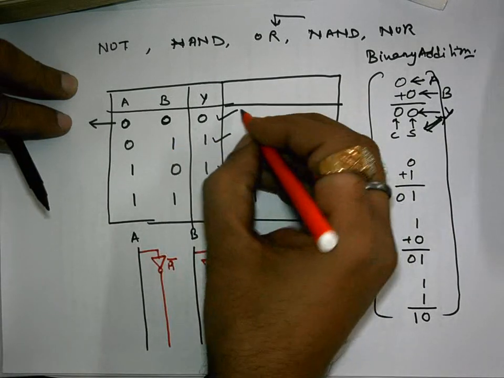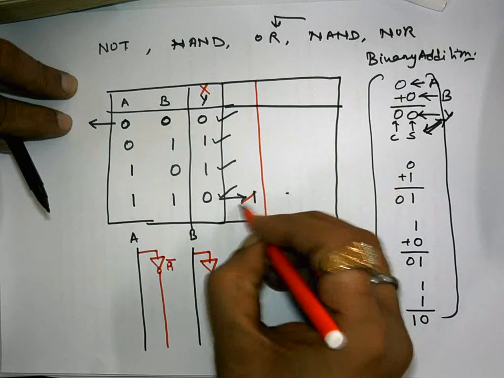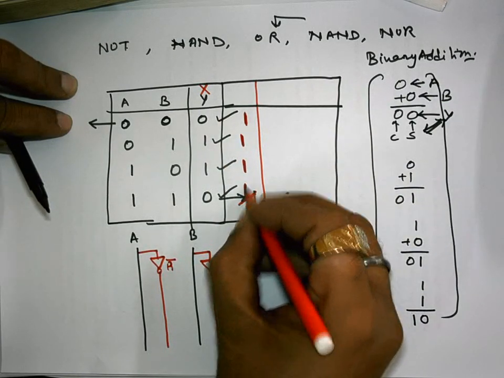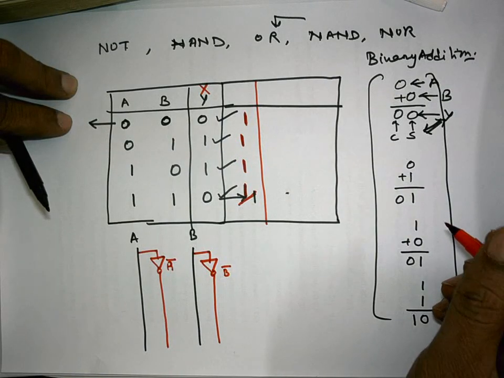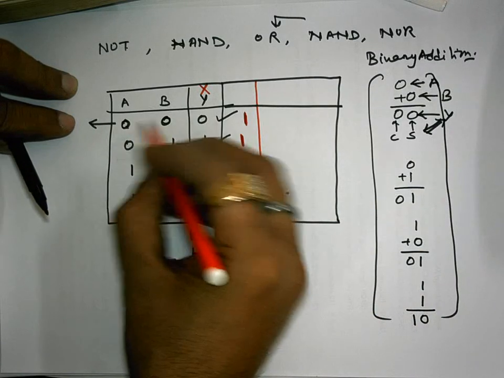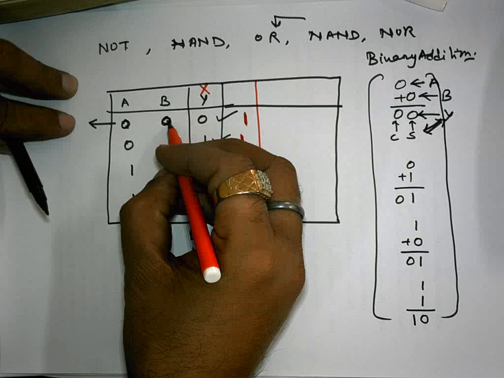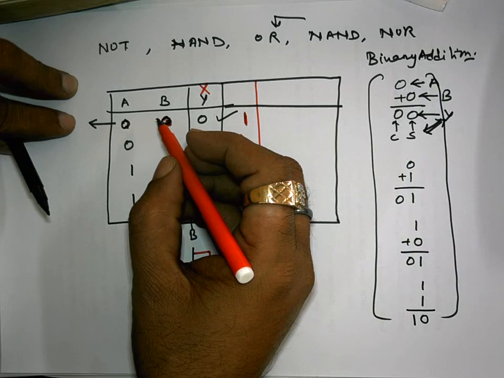Now if I ask you to obtain 1, you forget this output. I am asking you to obtain 1 at the output in every situation. What will you do? You will simply pass this 0 0 through a NOT gate, and apply it to the input of an AND gate, and the output of that AND gate will give you a guaranteed 1.